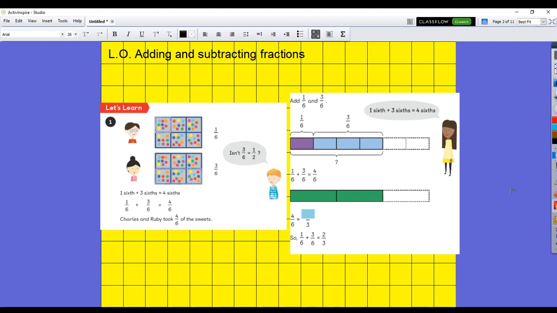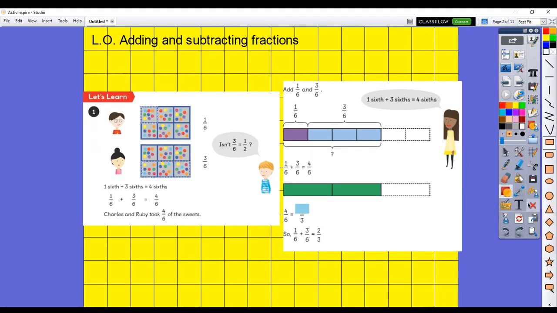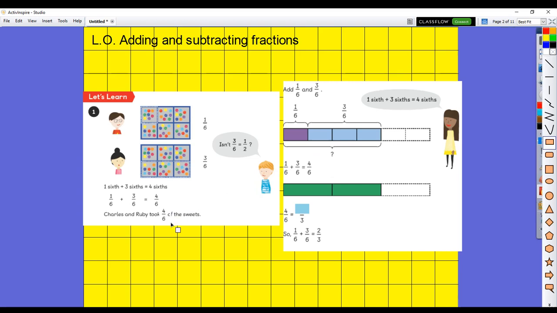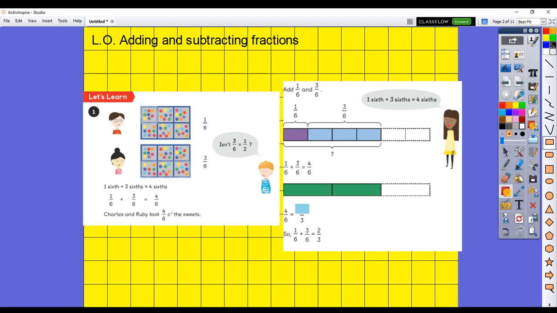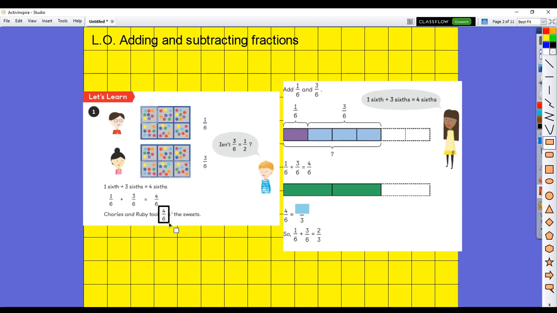So can our 4/6 be simplified any smaller? Okay, let's have a look at 4 and 6. What times table goes into both 4 and 6? Well, we know 4 and 6 are both even numbers, so 2 goes into both 4 and 6.